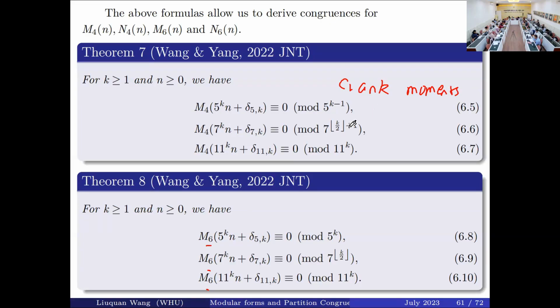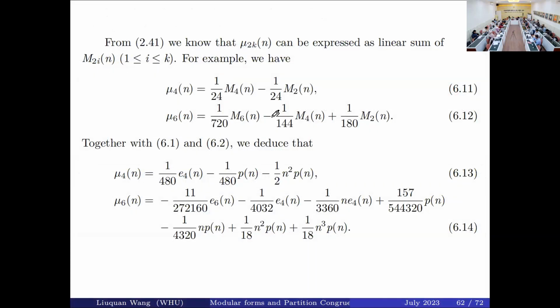And next, for mu_{2k}(n), this was defined by Garvan. If you still remember, we also know that mu_{2k}(n) can be expressed as a linear sum of m_{2i}(n). So for example, mu_4(n) can be expressed as m4(n) minus m2(n).